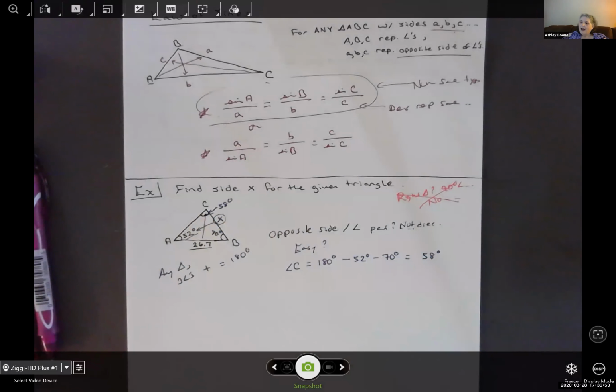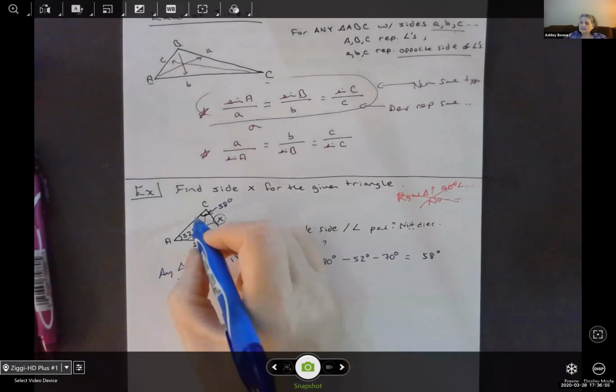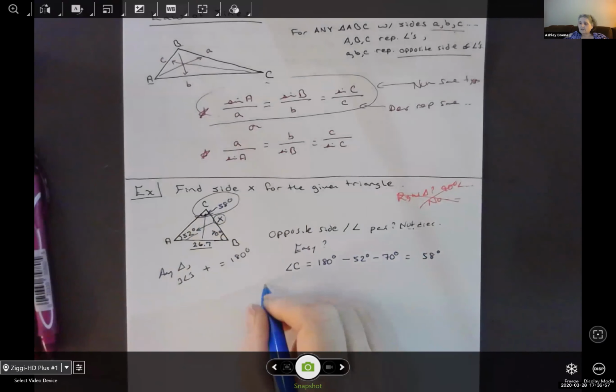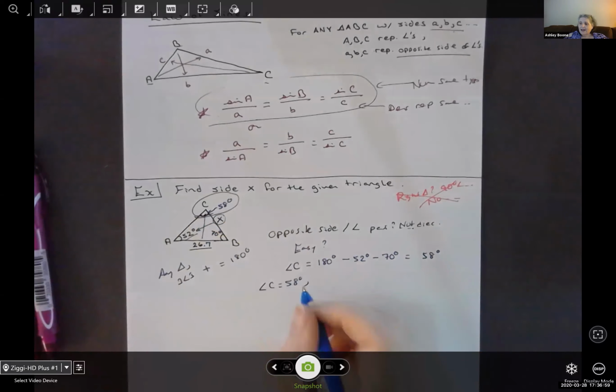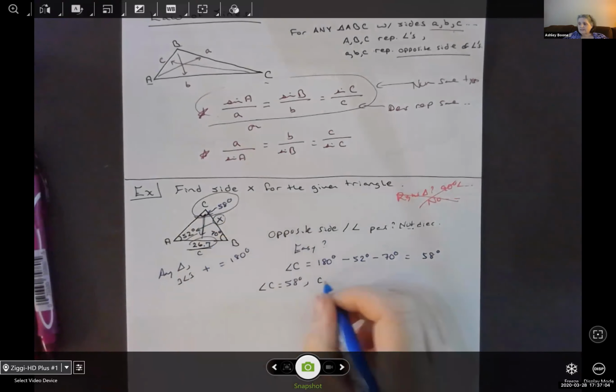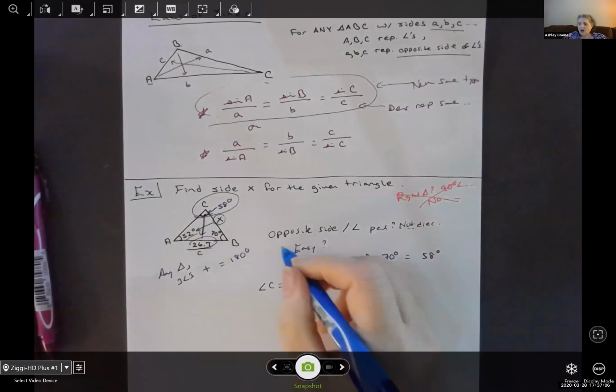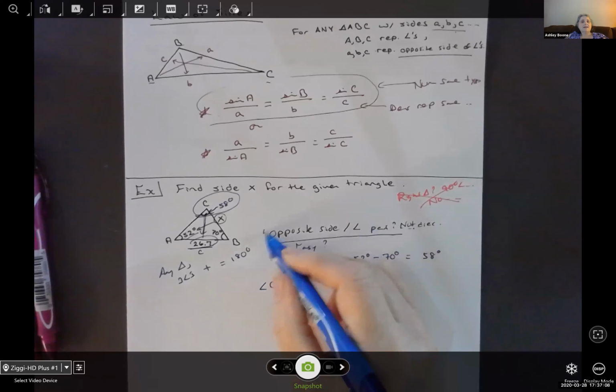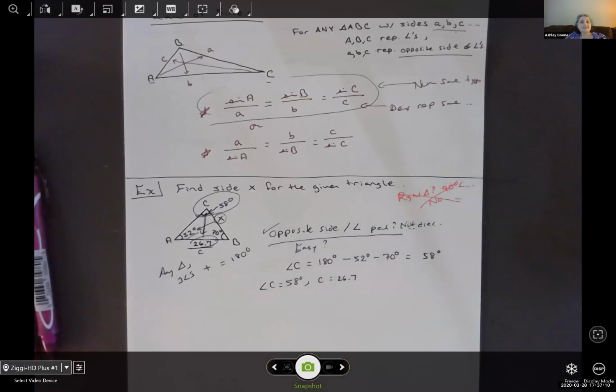Now I have angle C is 58 degrees, and side C, because that's what's opposite of it, is 26.7. I have an opposite angle and side pair. If that's the case, then it's really nice.